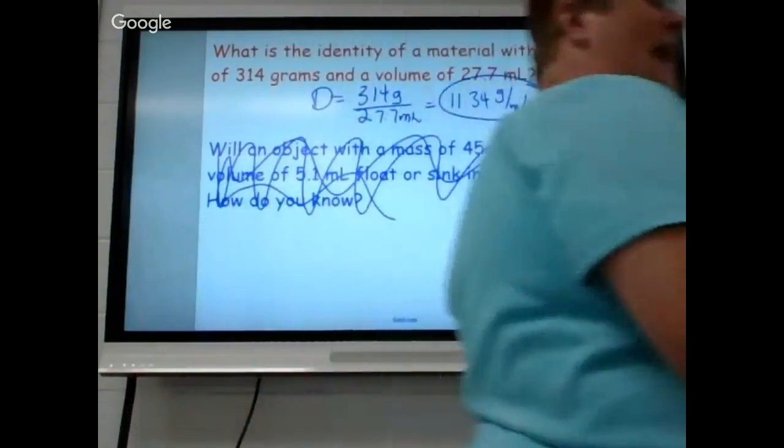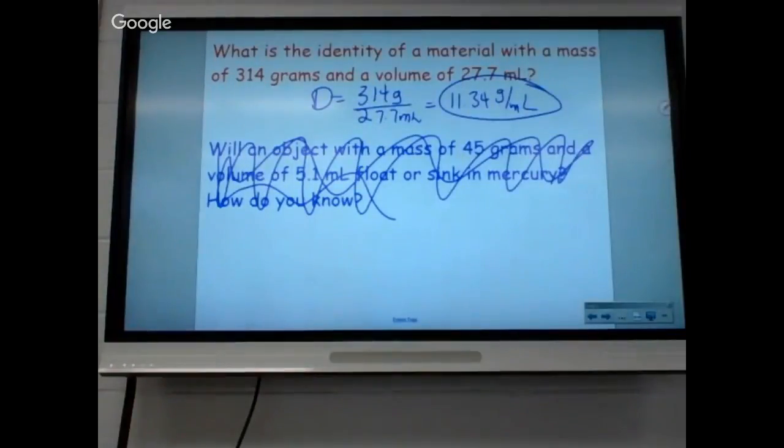Beautiful. Now, take your blue reference table, find the column that says density, and match it up to an element or a compound in the chart that has a density of 11.34. And I'm assuming that Sheena found lead, given that's what she yelled out. Okay, did everybody find that too?